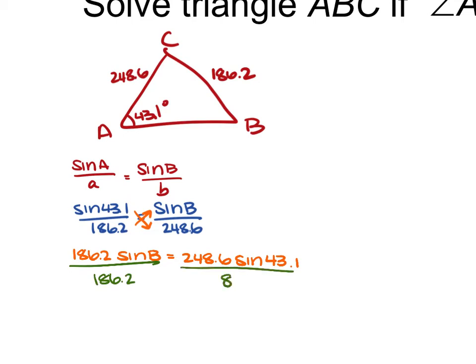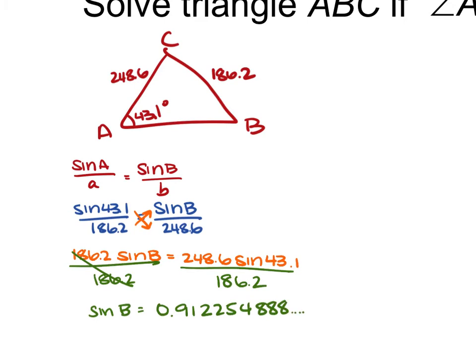From here, divide each side by 186.2. So you're going to have sine B is equal to whatever you get from this. Let's do this: 248.6 sine 43.1 divided by 186.2. This gives us 0.912254888, who knows the rest.